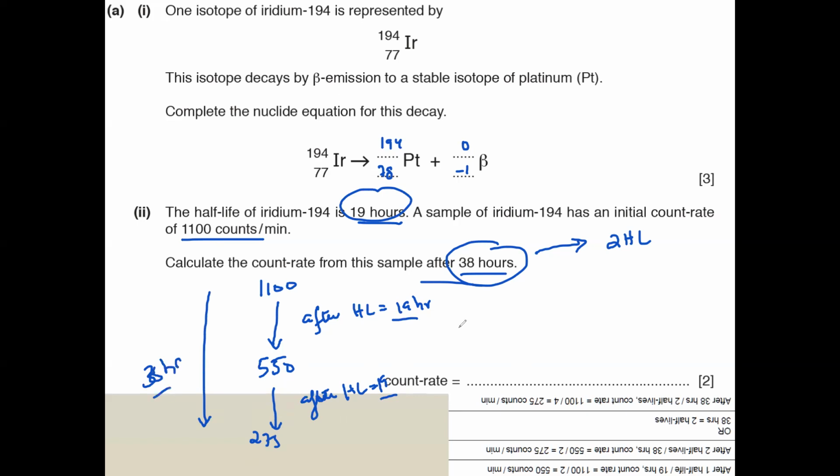So after 38 hours, we'll have a radiation of about 275 counts. Counts per minute or counts per second is a unit for the radiation. It does not have anything to do with the half-life questions. Is this question clear?